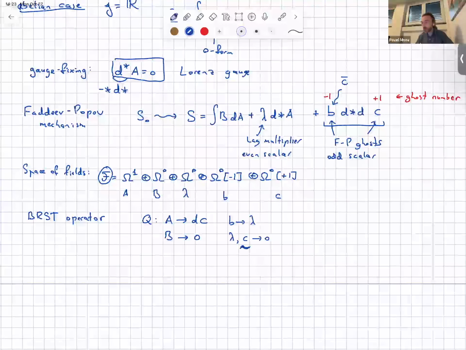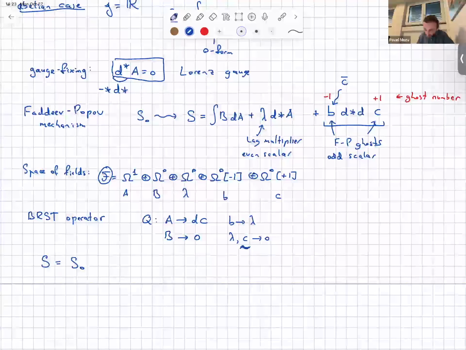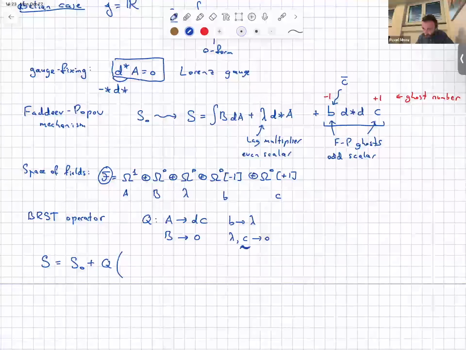But there is this operator on the space of fields, and this operator squares to 0. In terms of that operator, my Faddeev-Popov action looks like the original classical action, the integral of BdA, plus Q of something.